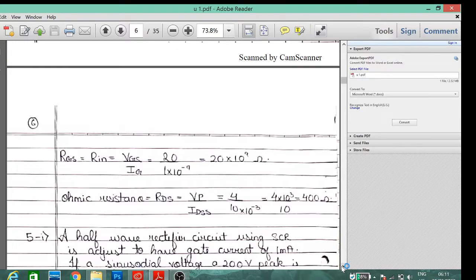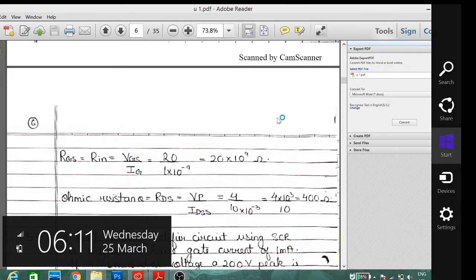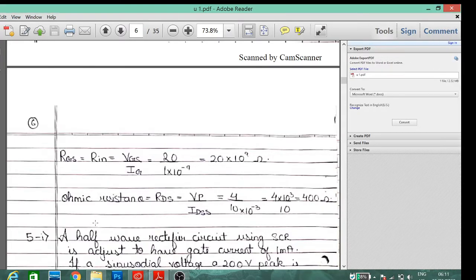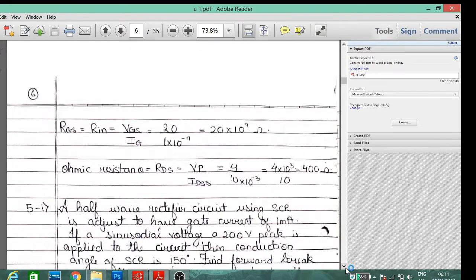So VGS divided by IG is nothing but the input resistance R in, and we have both, so we will find the input resistance. Ohmic resistance RDS is equal to VP divided by IDSS, and that value is also given in the question. We can easily calculate what will be the ohmic resistance.